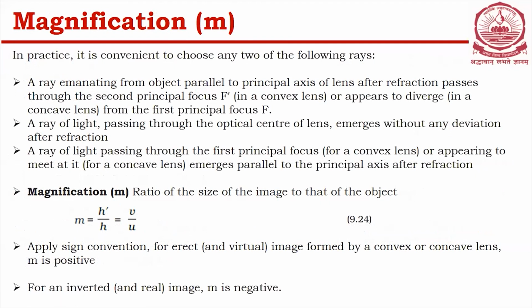After applying the sign convention, it is minus v by u. So you can find the magnification of the image formed by the lenses.